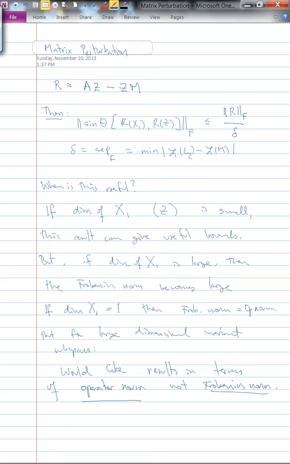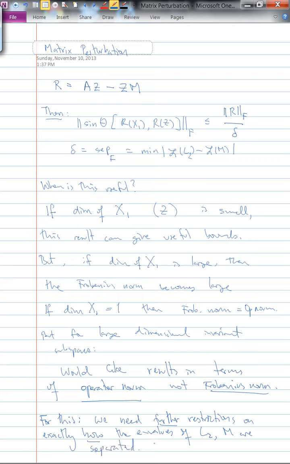And it turns out that we can't get this for free. So for this, we need further restrictions on exactly how the eigenvalues of L2 and M are separated.